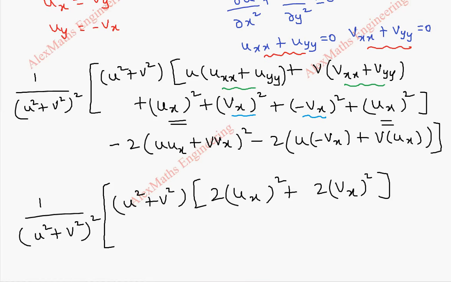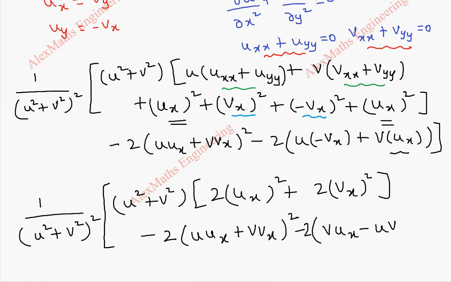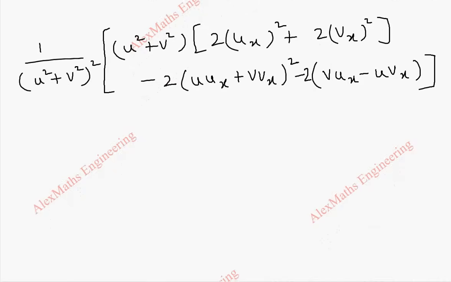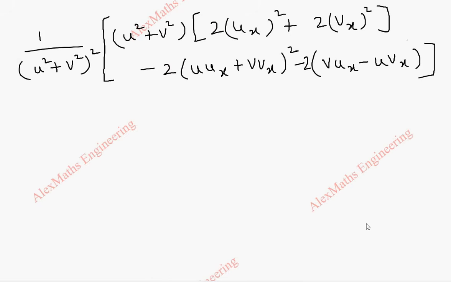Then apart from this, we have minus 2. Let's write the other terms as they are now: ux plus vx whole square minus, and there is a 2 outside and a minus sign, so let's write this one first: vux minus uvx, bracket close, and even there is a square for this.